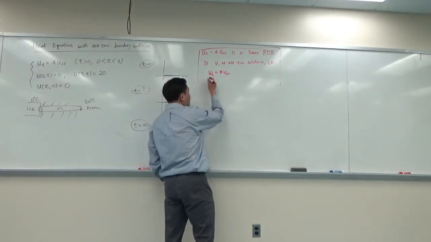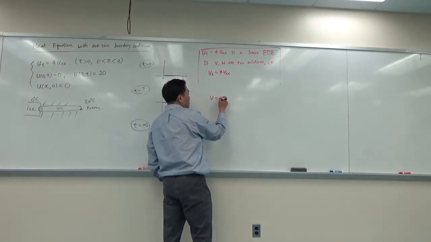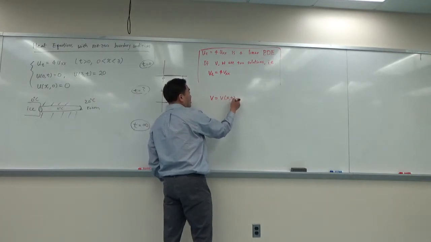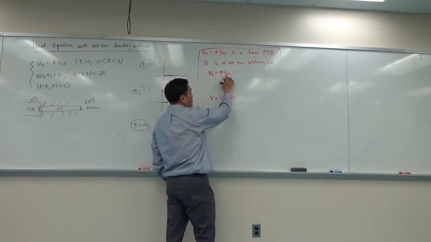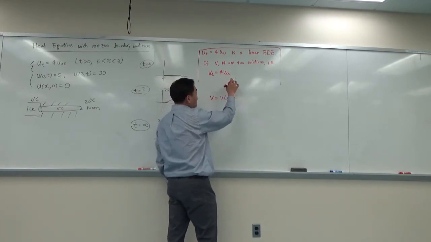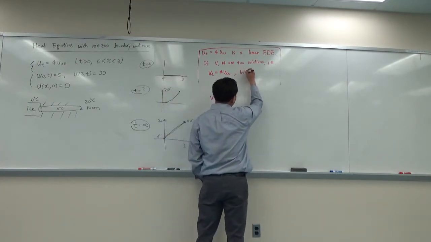Okay, so when I write v, I really am thinking of v as a function of x and t. So if you take v and differentiate by t, it's the same thing as 4 times v, and you do a second derivative with respect to x, and also that's true for w.